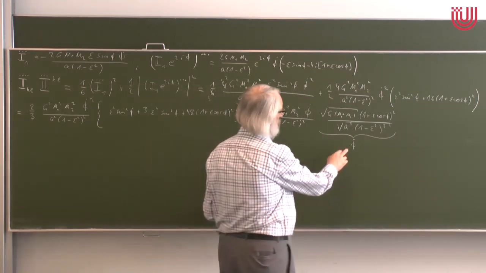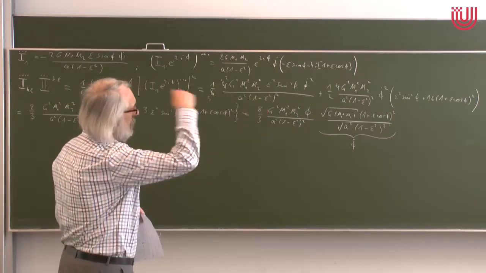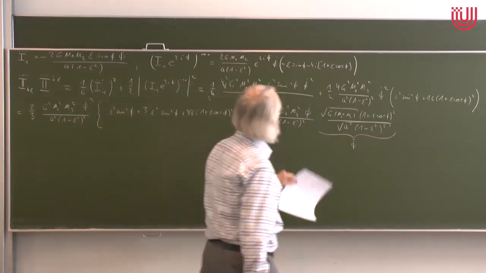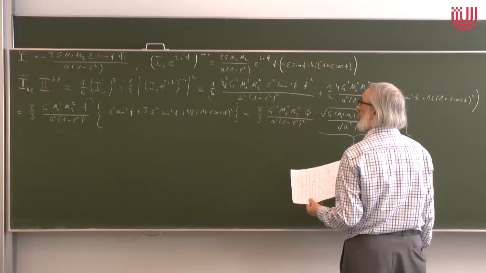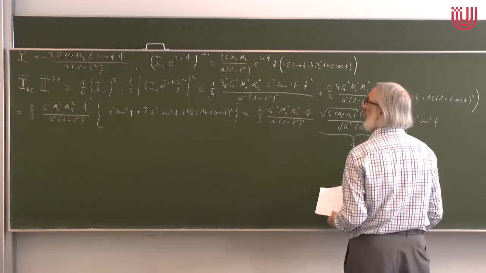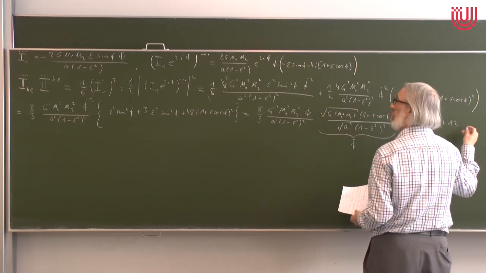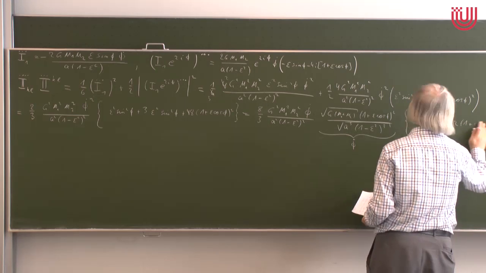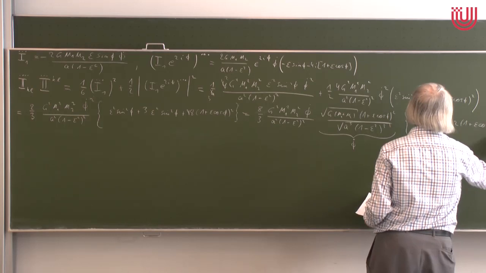We had expressed phi dot in terms of the angular momentum, and then we had integrated over a whole period, and this gave us an expression for L dot, and then we got this here. And then there's a curly bracket. I have taken a factor 4 out, so I have now epsilon squared sine squared phi. 48 divided by 4 is 12, right? 12, 1 plus epsilon cosine phi squared. Okay.